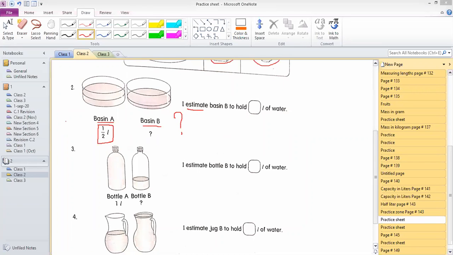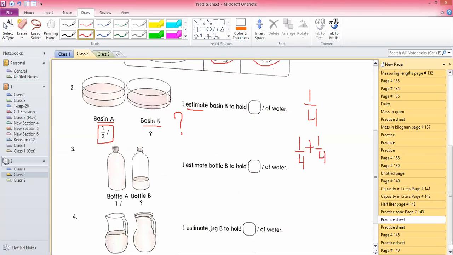Guys, look, this is already half and it looks like half of half. So you know what half of half is? Half of half is a quarter. You know, 2 quarters make 1/2. 1/4 plus 1/4 equals 1/2.